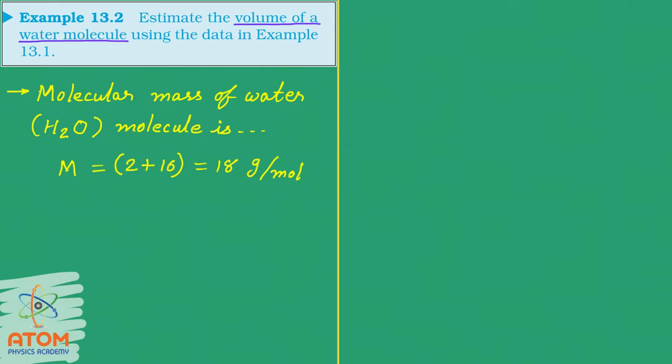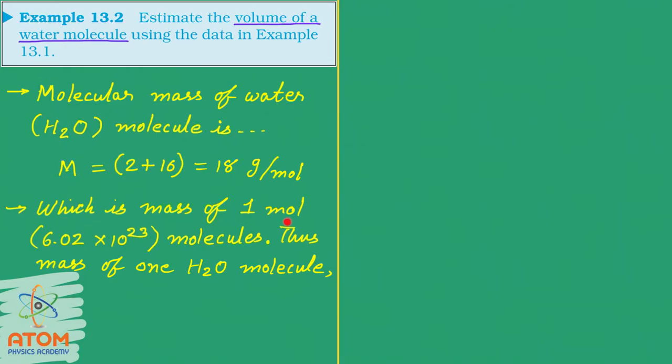Now this shows that 18 gram is the mass of 1 mole of H2O molecules. So I can write, which is the mass of 1 mole, that means 6.02 into 10 raised to 23 molecules. Thus the mass of one H2O molecule can be written as, let us take M, then M will be equal to 18 gram, but it is gram, so I have to multiply it by 10 raised to minus 3, so it becomes 18 into 10 raised to minus 3 kilogram, divided by the total number of molecules, that is 6.02 into 10 raised to plus 23.